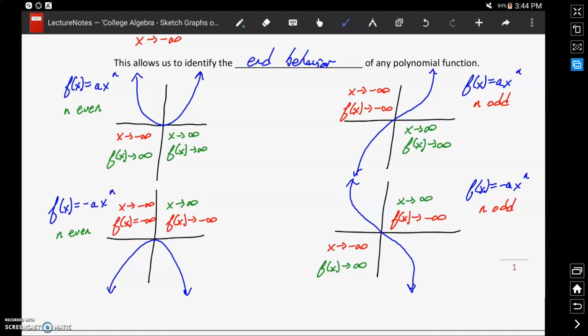So taking our end behavior and rewriting it as a power function defined by that leading term will allow us to match it up to one of these different types of end behaviors.